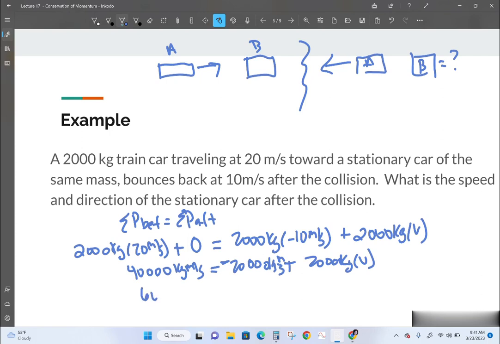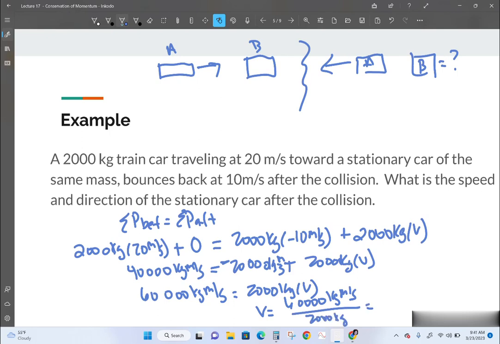So that becomes 60,000 kilogram meters per second equals 2,000 kilograms times velocity. The velocity is going to be 60,000 kilogram meters per second divided by 2,000 kilograms, or 30 meters per second. So this car is going to be moving to the right at 30 meters per second.